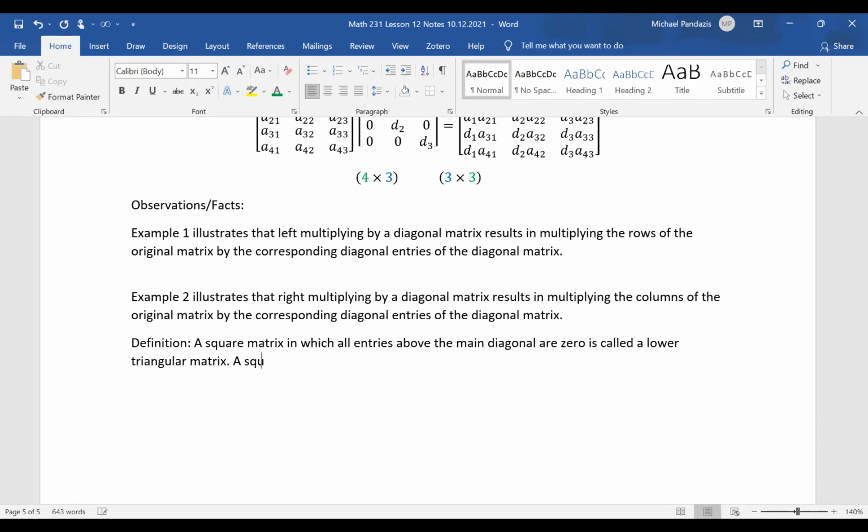A square matrix in which all entries below the main diagonal are 0 is called an upper triangular matrix.